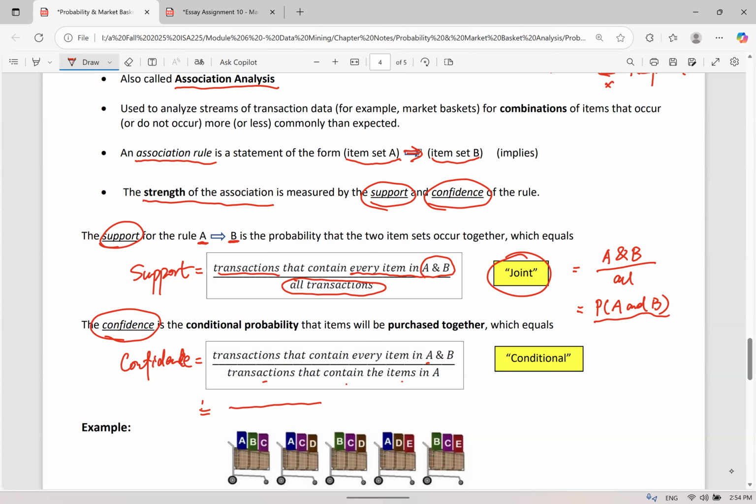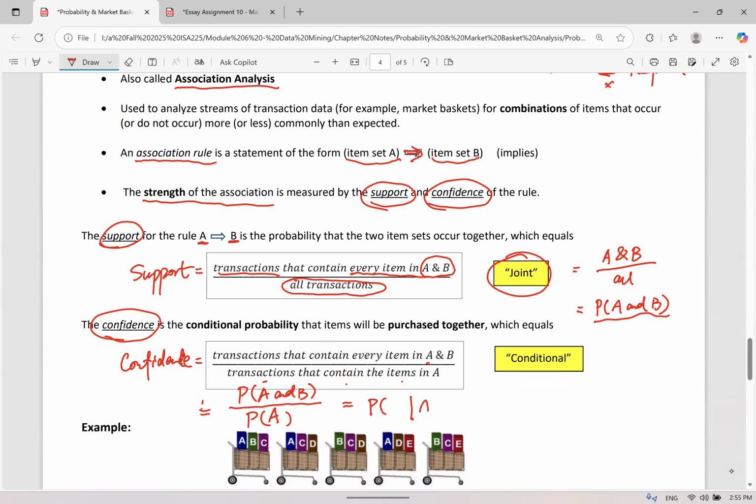The transactions that contain the items in A, so that is just the number of transactions containing A. And the top is the number of transactions that contain every item in A and B, so that is just A and B. If we apply the probability concept here, that is just the probability of A and B divided by the probability of A.